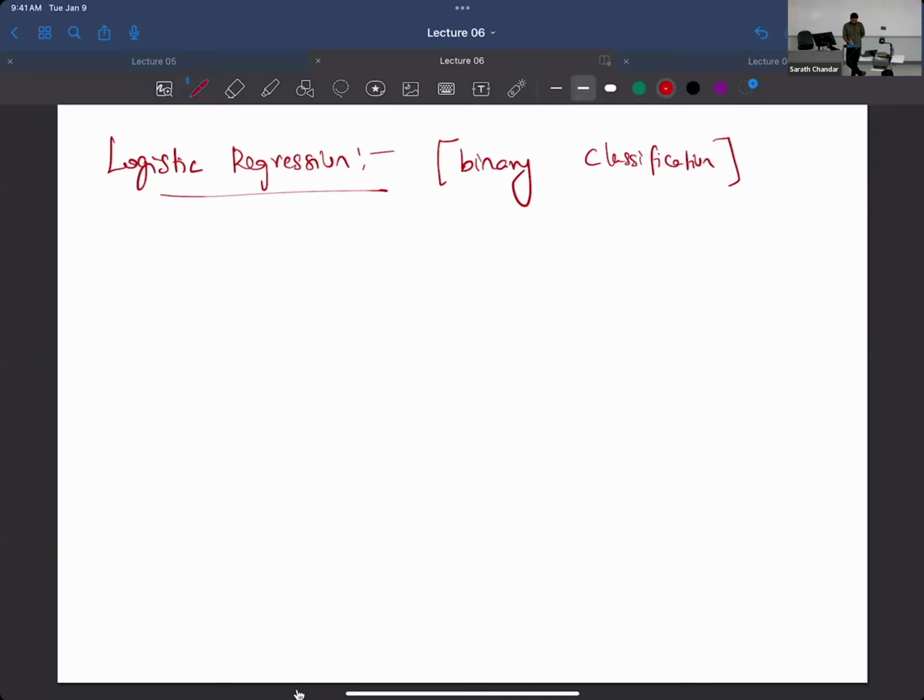For binary classification, the probability of C1 given X is given by Y of X, which is basically sigma of W transpose X. The bias is inside. Instead of writing W transpose X plus W0, I'm absorbing the bias inside.